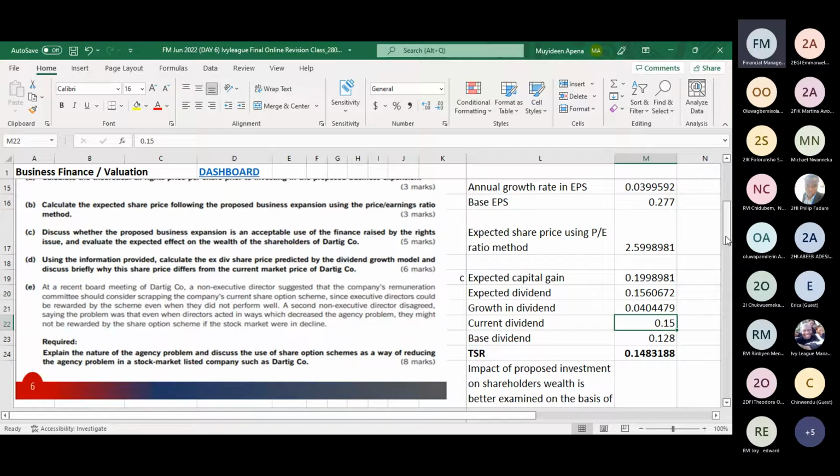So if this expansion is generating 14.83%, then it makes sense to the investors. And that's how you conclude, as part of your discussion, that if they finance by rights, which leads to $2.4 as TERP, it is going to eventually generate a total shareholders return of 14.83%. That's it.